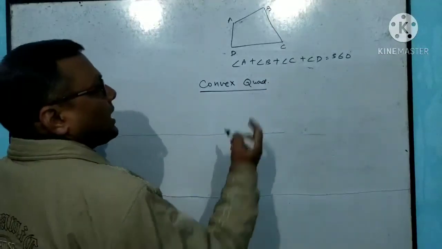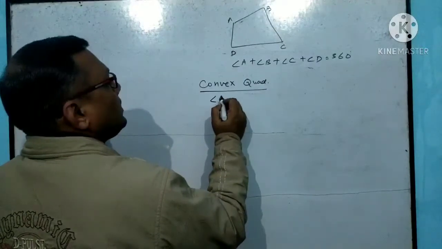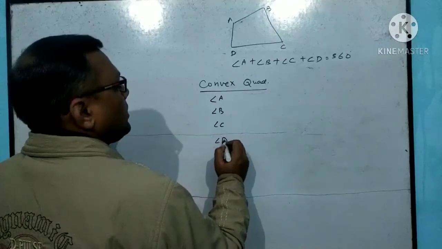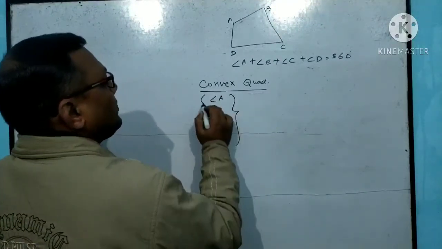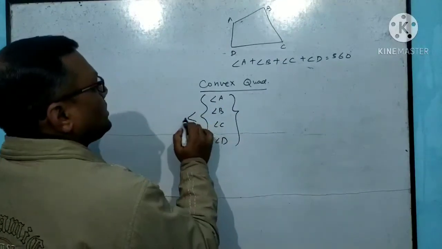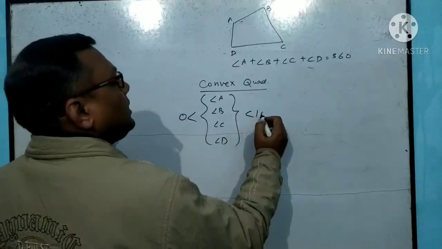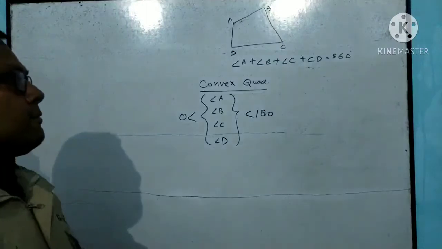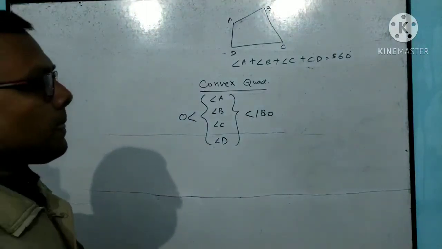A quadrilateral has 4 angles, A, B, C, and D. The condition is that each of these angles should be between 0 and 180. Then this is a convex quadrilateral.